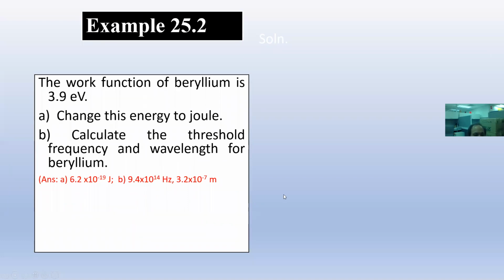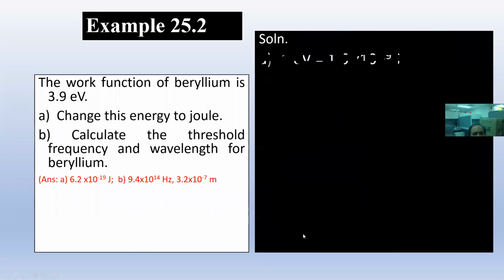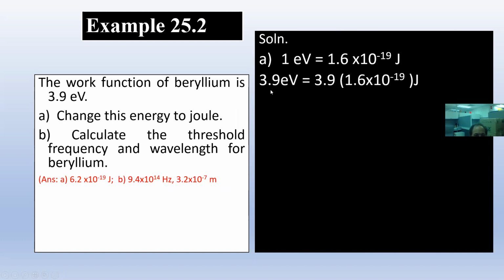Okay, and then we calculate this one. For the work function of barium given, you should be able to calculate. This one you need to memorize: charge on electron, change to joule, that's all. And then 3.9, you just times 1.6, convert to joule. And then threshold frequency and threshold wavelength, just use the formula.